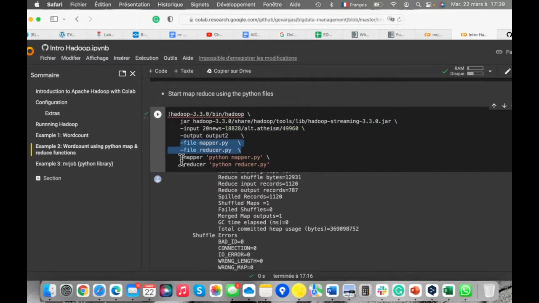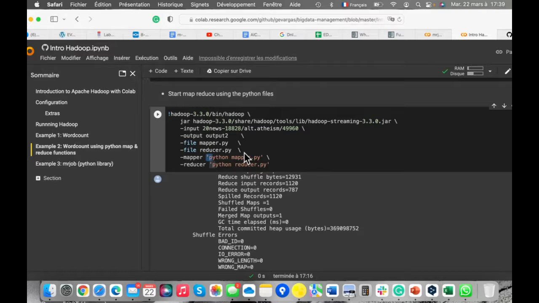And then we have to say that these two files are Python files. Okay, and all this lets the engine prepare the environment in order to execute.